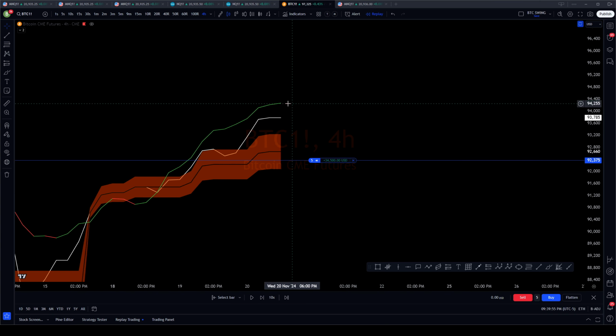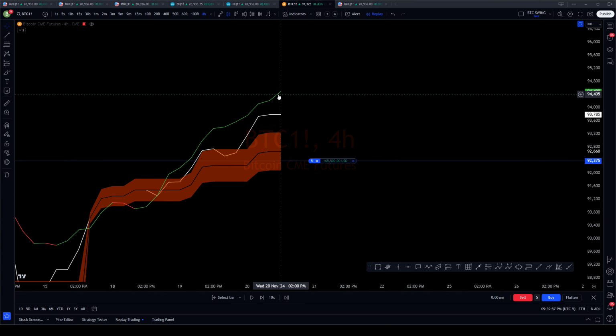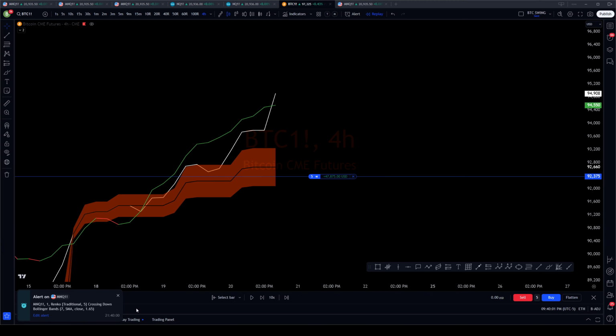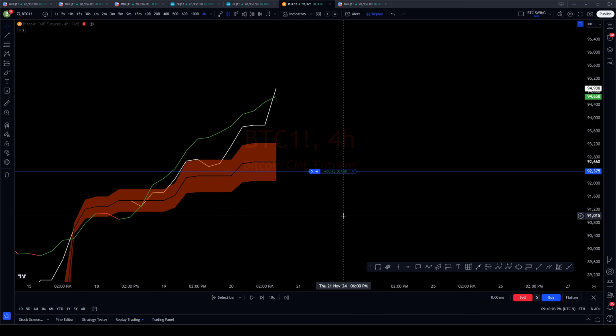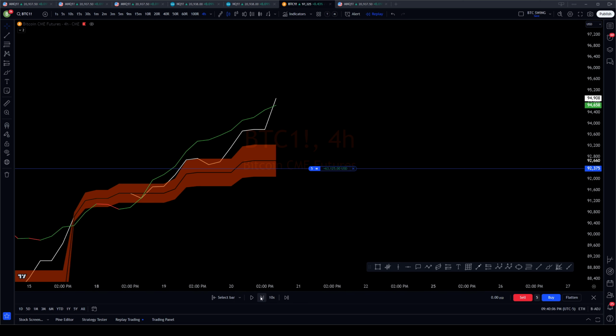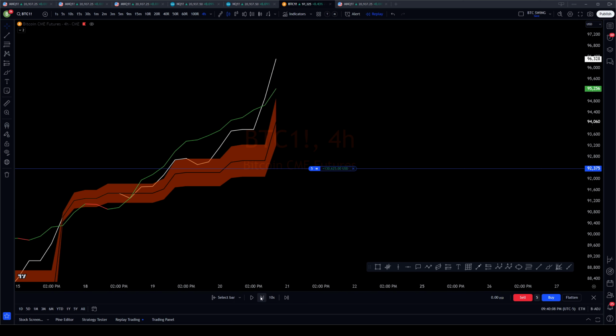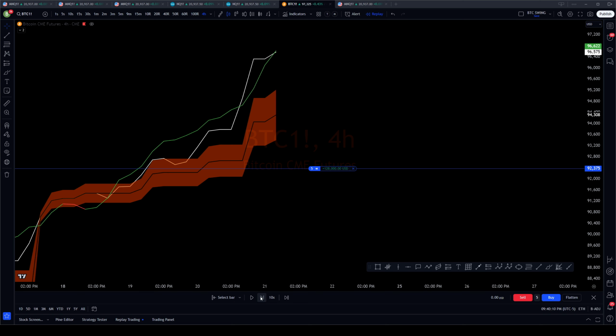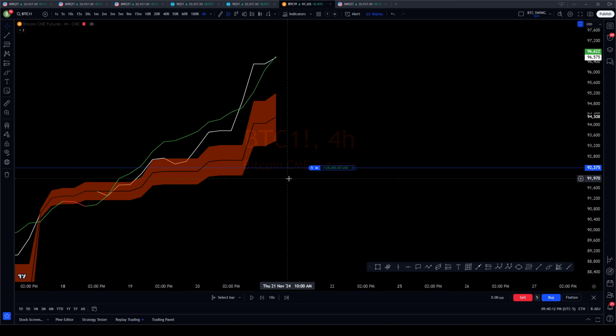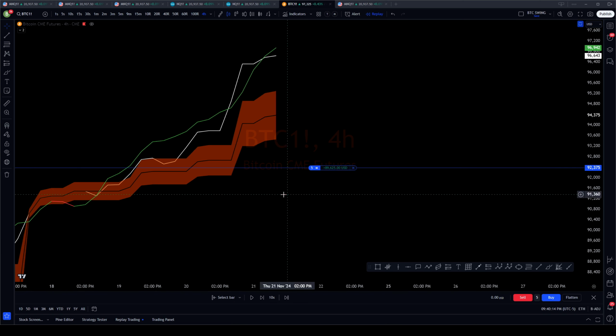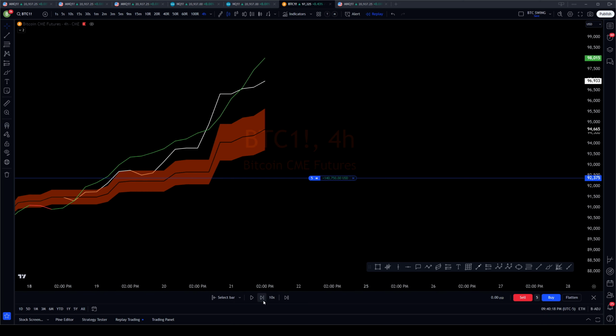You can also use the beacon line right here. If this turns red on a candle close, you might want to start paying attention to what's going on. Maybe even start trailing. So those are going to be my conditions. A new week forms, Sunday 6 p.m., Thursday 10 a.m. We're still good on this trade, right?